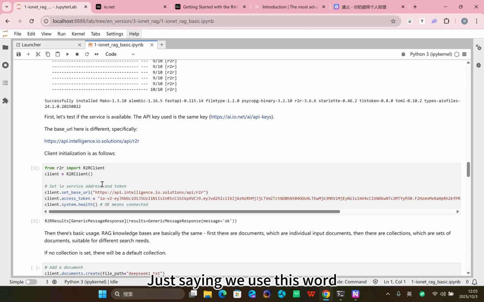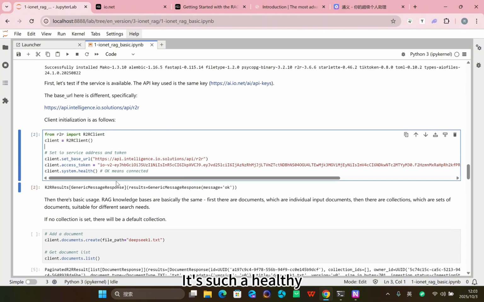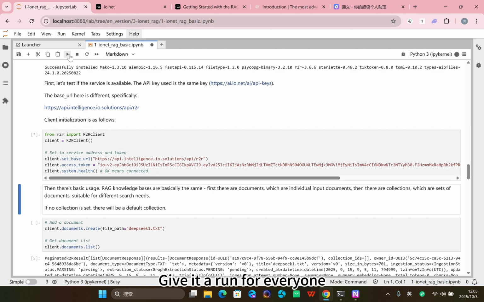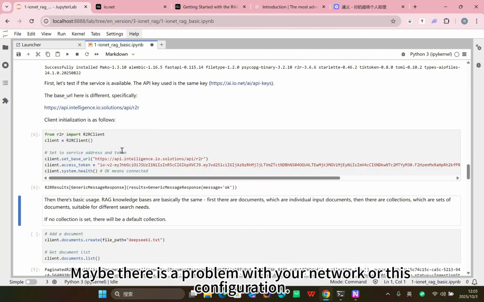We also set a base URL, just set it to this. Then we need to test it first, a health check: can it be connected? It must return OK. Give it a run. If this doesn't work, maybe there is a problem with your network or this configuration.